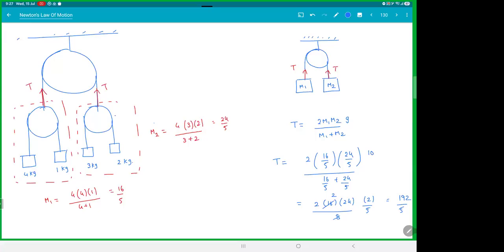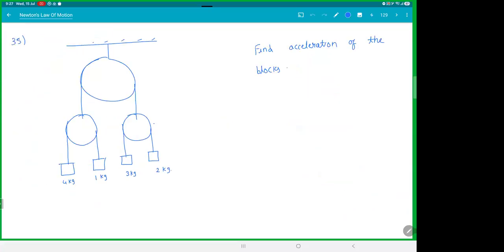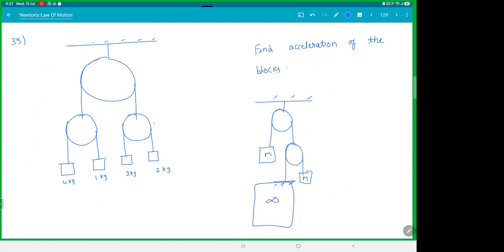So be careful, it should be hanging like this. That is a catch. You can use it only for this kind of thing. If someone gives you a setup where there is a block here, and on this side there is a string and a block, now you can't do it directly. There is still a way. If you fix it here, we can assume this is an infinite block, like a huge infinity block.